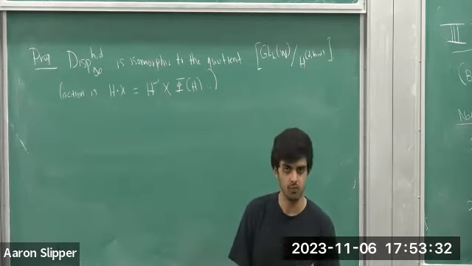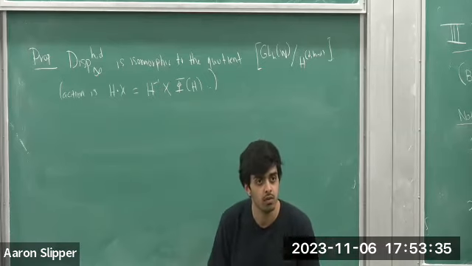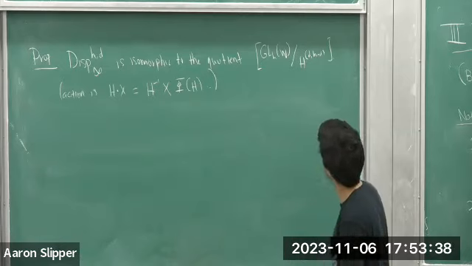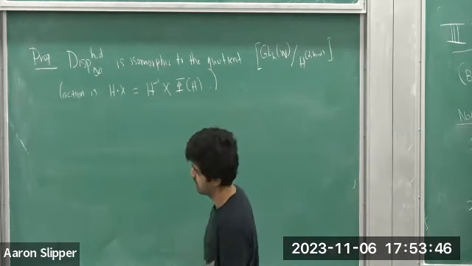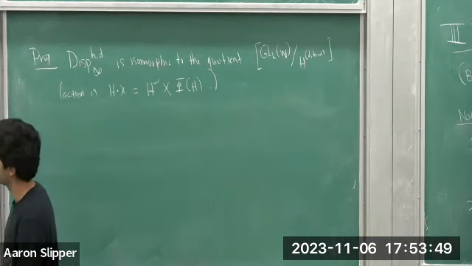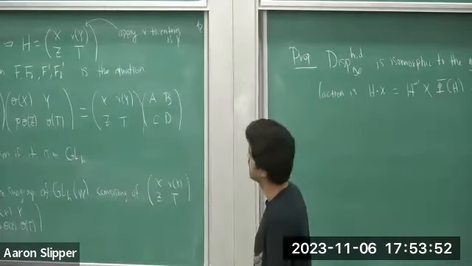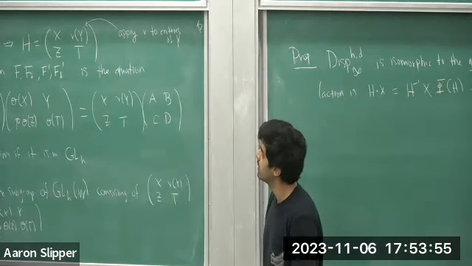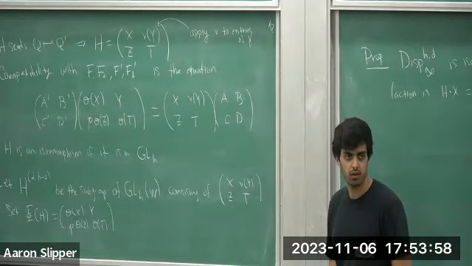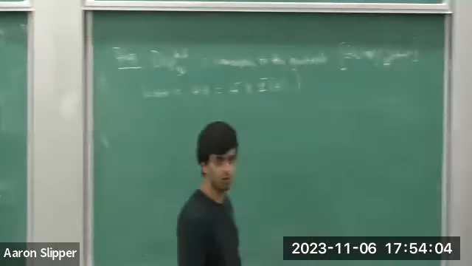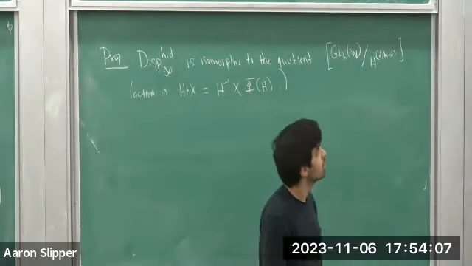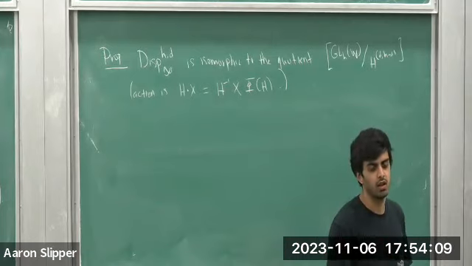Sorry, why is this GL_H of W a covering of this moduli? Namely, why is every invertible matrix realizable as F composed with F1? Is your question why every element of GL_H arises?